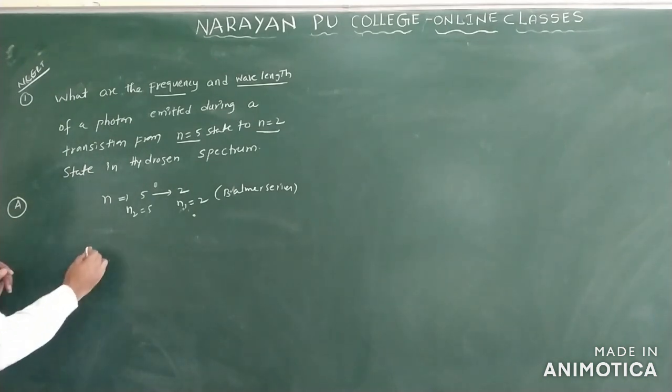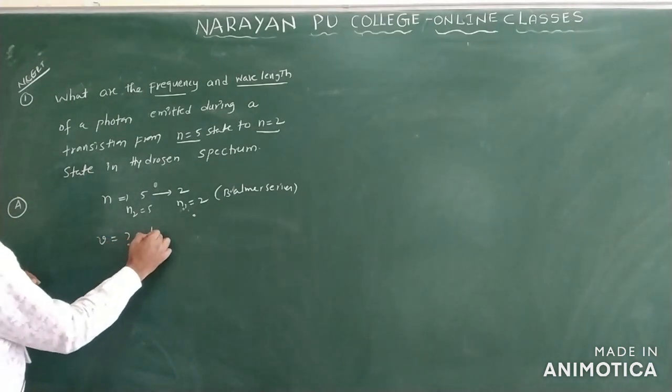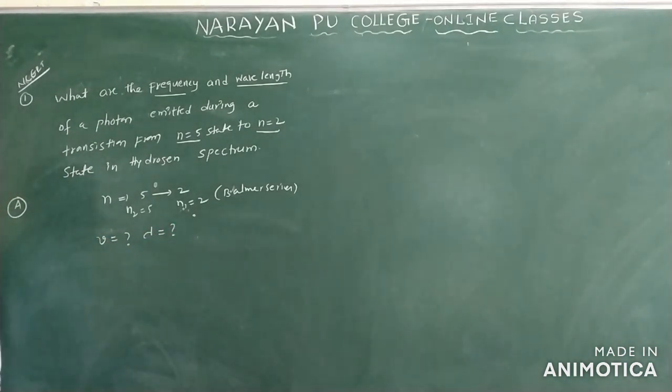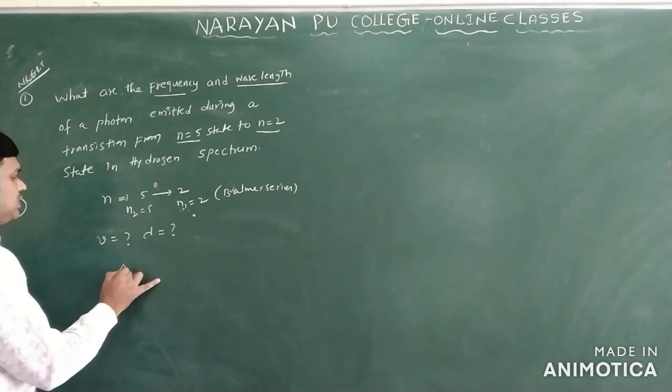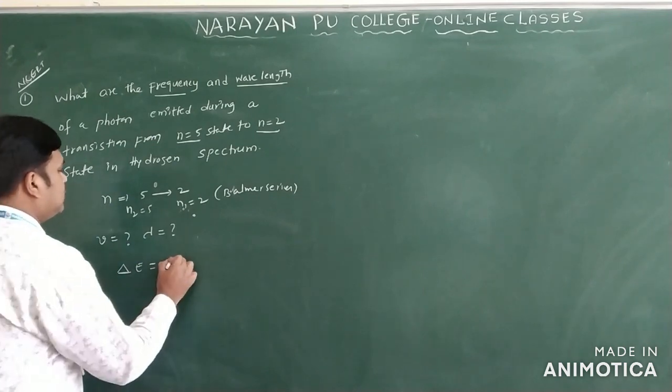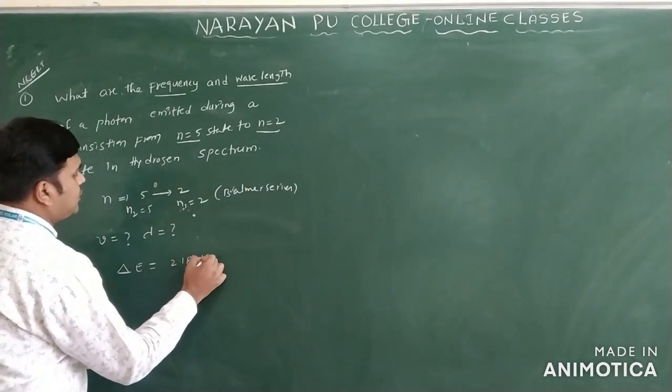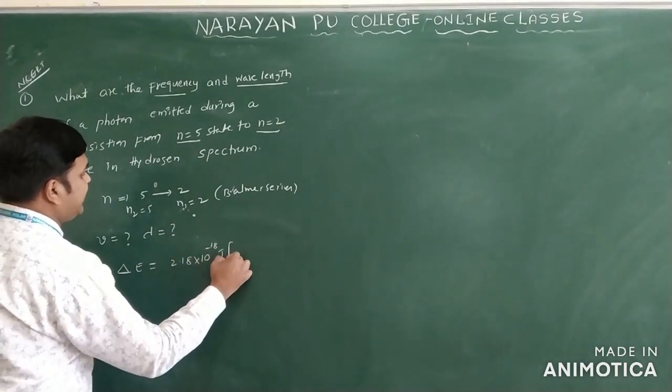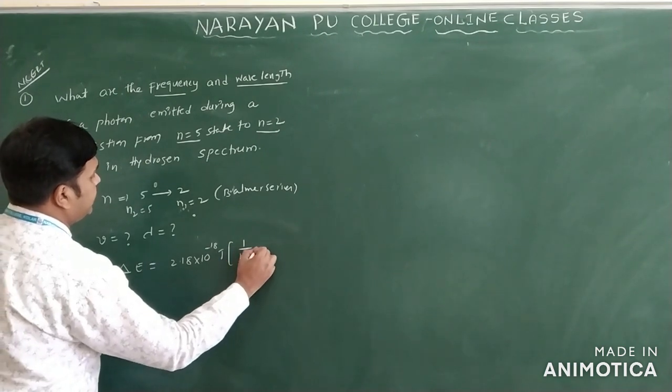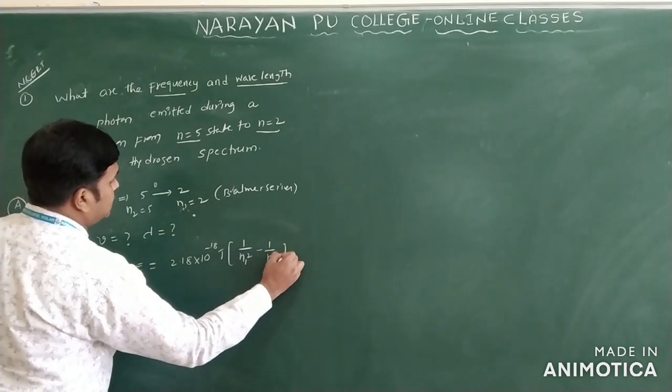Clear? So they are asking for frequency and wavelength, lambda, both. Already I gave one formula here: delta E is equal to 2.18 into 10 power minus 18 joules into (1 by n1 square minus 1 by n2 square).